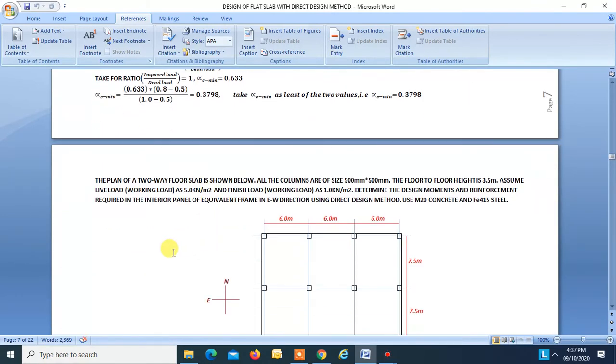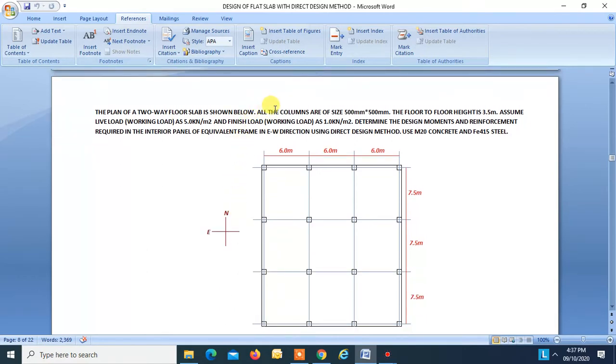So now let us take an example. The plan of a two-way flat slab is shown below. All columns are of size 500 by 500 mm, both above and below the flat.